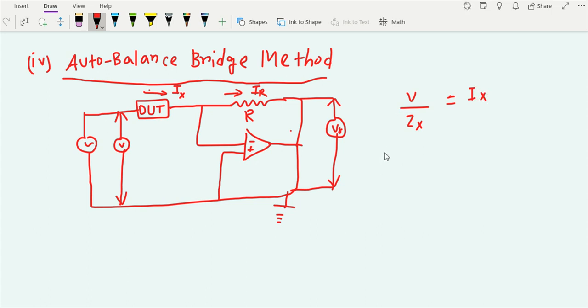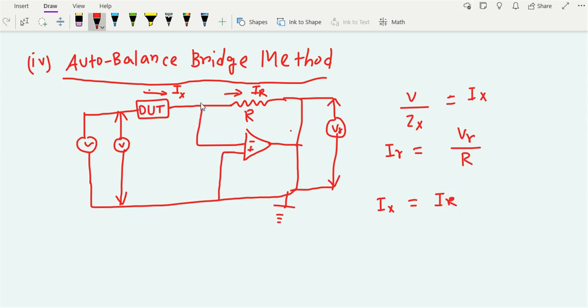Another condition is IR equal to VR divided by R, because the current flowing here is IR, the resistance value is R, and the voltage you are measuring here is VR. Now the same current will flow through the device under test and the known resistance, that is IR.